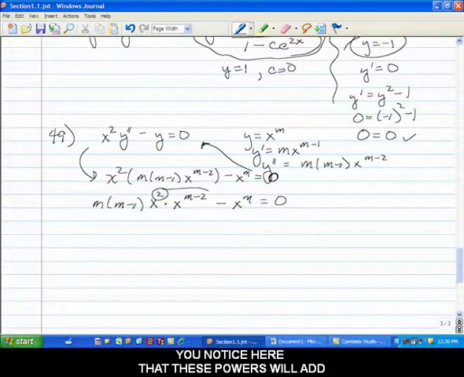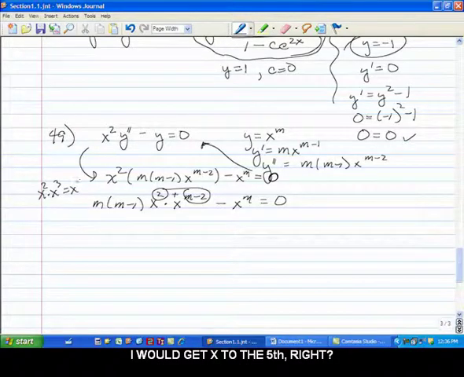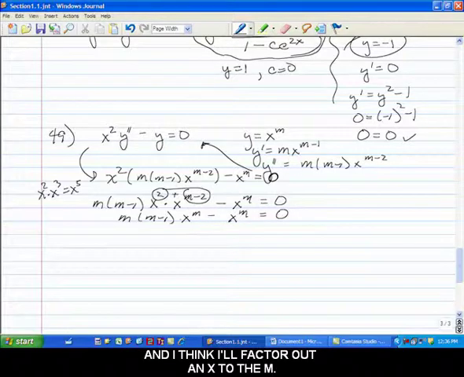You notice here that these powers will add. Just like if I had x squared times x cubed, I would get x to the 5th, right? So we have m times m minus 1, x to the m minus x to the m is equal to 0. And I think I'll factor out an x to the m.